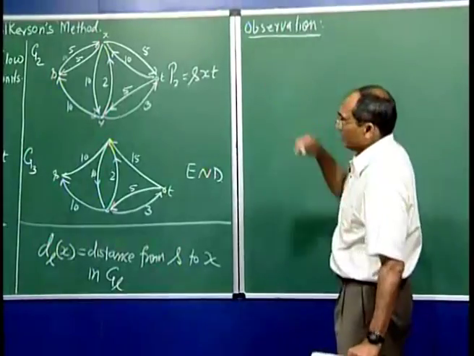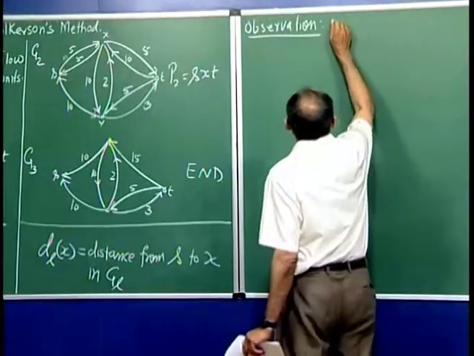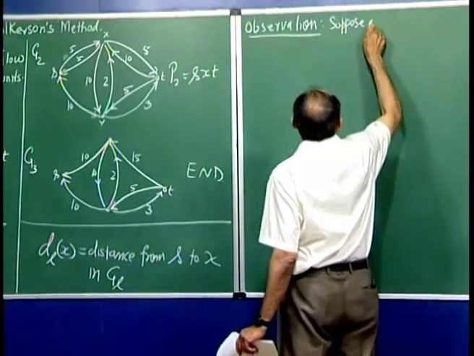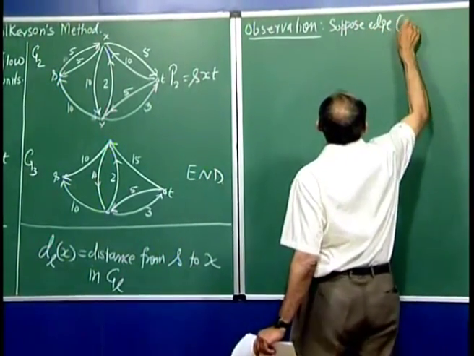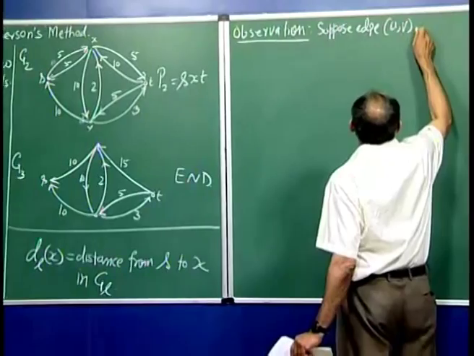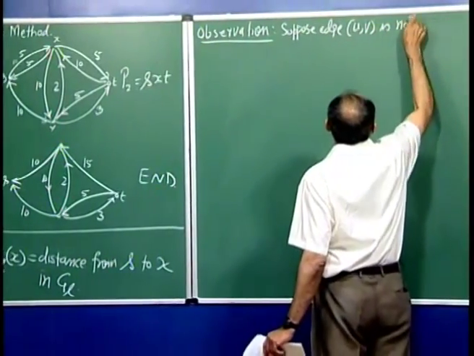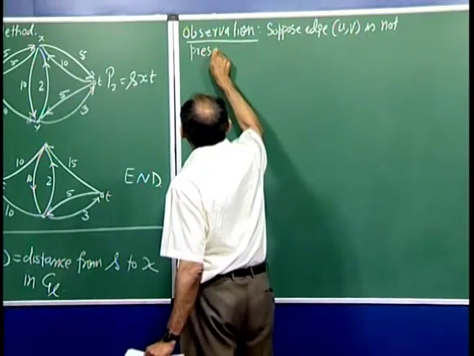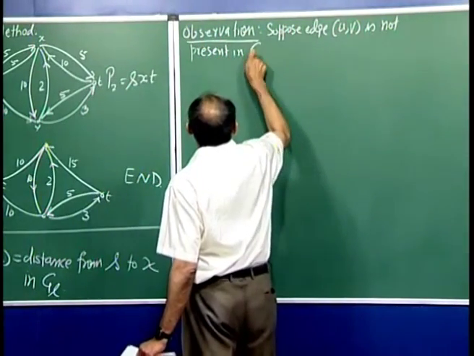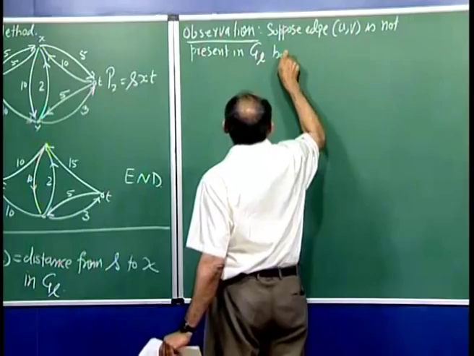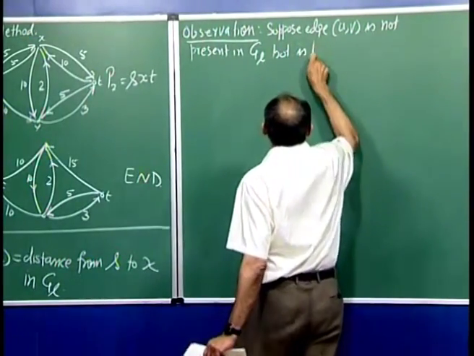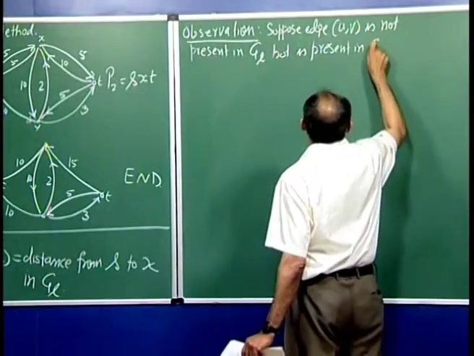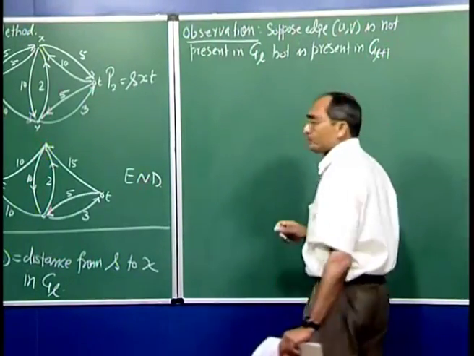So, we want to make an observation. Suppose edge UV is not present in GL, but is present in GL plus 1.